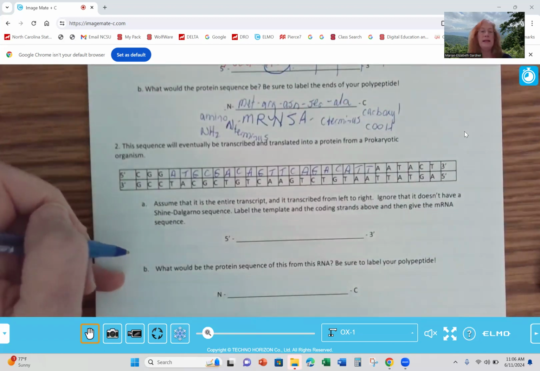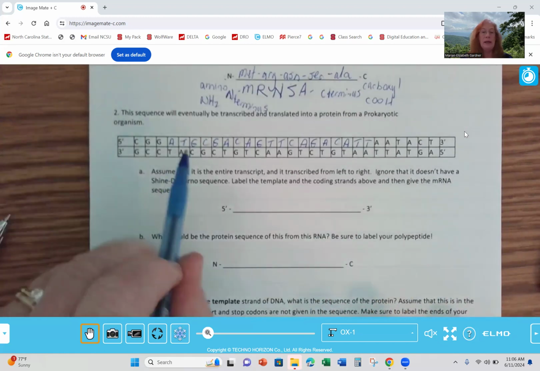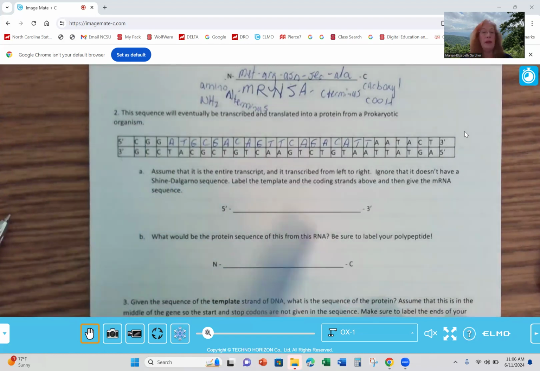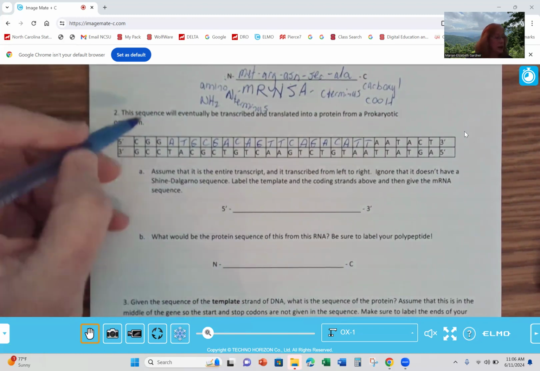So now we've got our DNA strand made. Now let's say the entire transcript is transcribed from left to right. And we'll pretend all the appropriate control signals, the Shine-Dalgarno and so forth, are all there. So we want to label the messenger RNA, and we also want to identify which strand is the template and which is the coding strand.